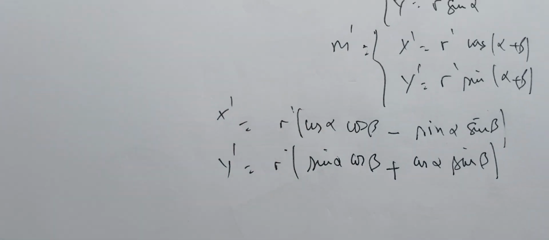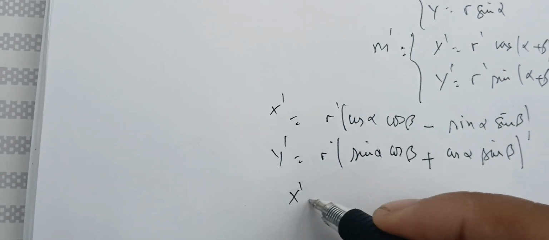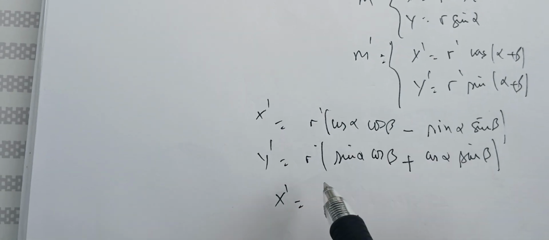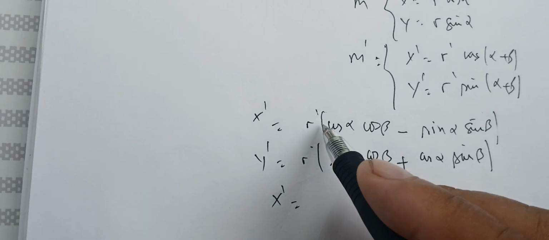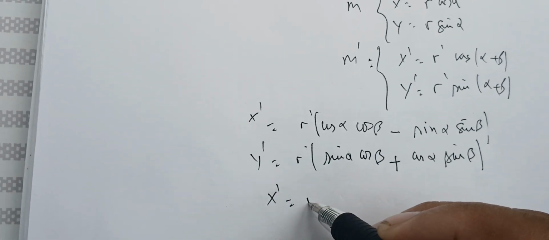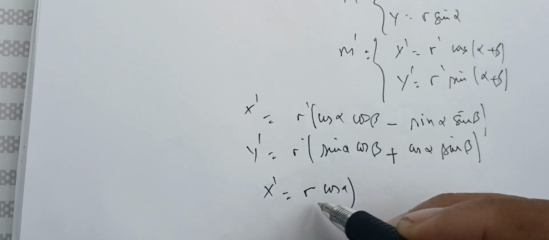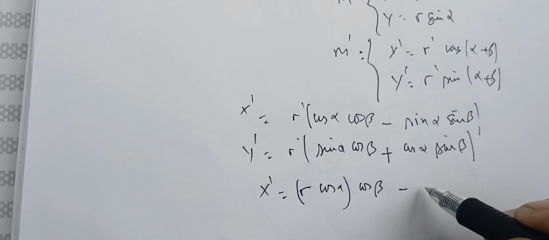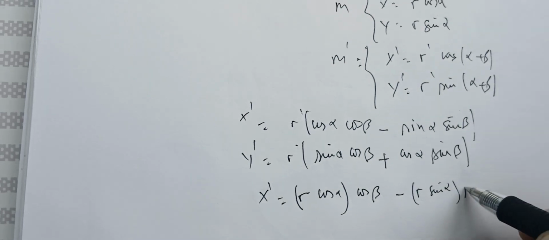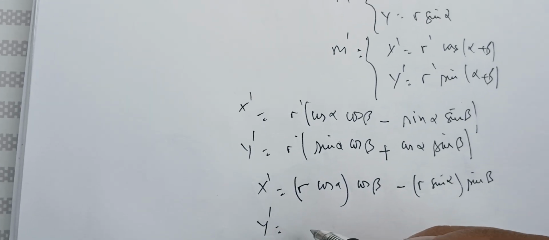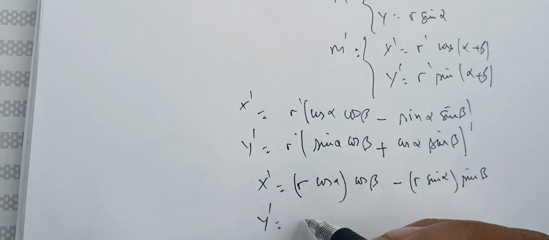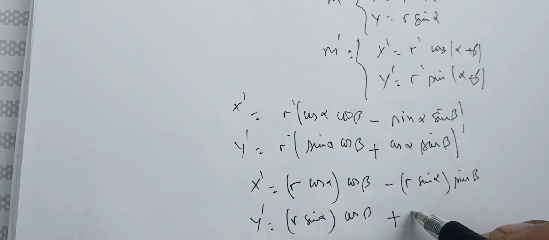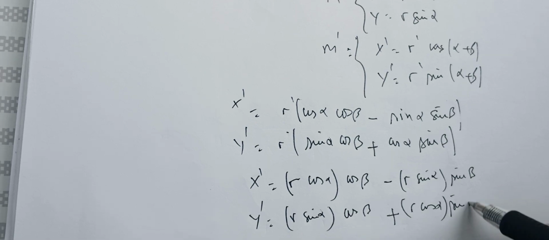Now we can rewrite it one more time. Here we proved that R prime is just R. So we're gonna do R cosine alpha times cosine beta minus R sine alpha sine beta, and y prime is gonna be R sine alpha cosine beta plus R cosine alpha sine beta.